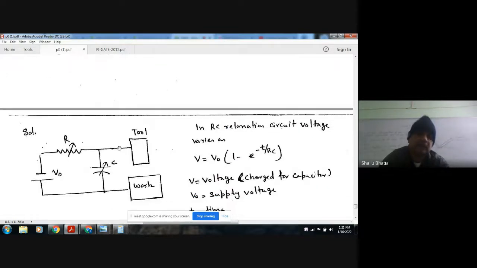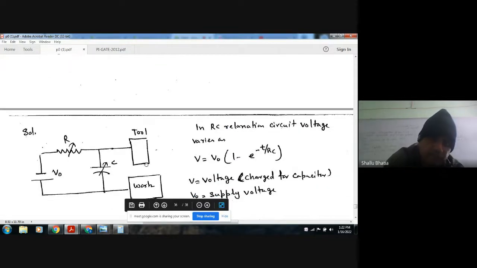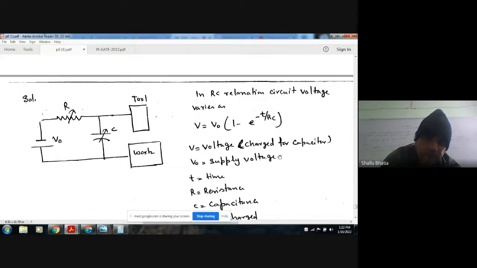So this is the RC relaxation circuit. Here the charging of the capacitor is given by this relationship, where V naught is the supply voltage, V is the charge voltage, t is time, R is resistance, and C is capacitance.